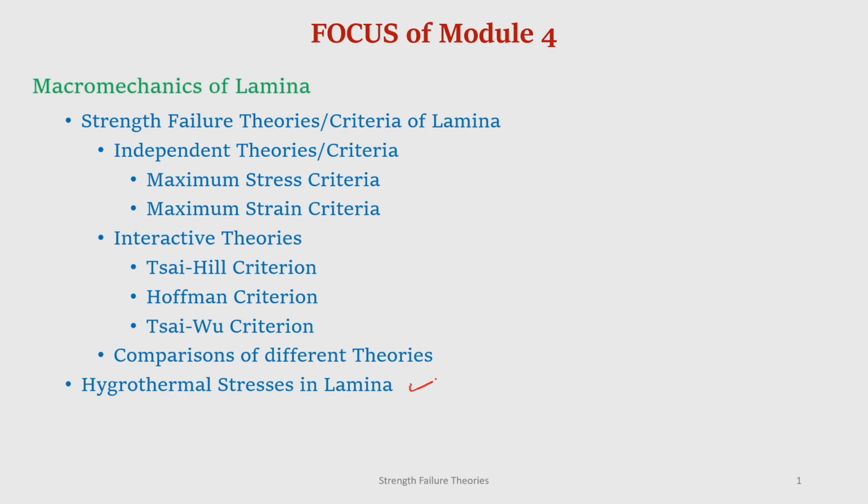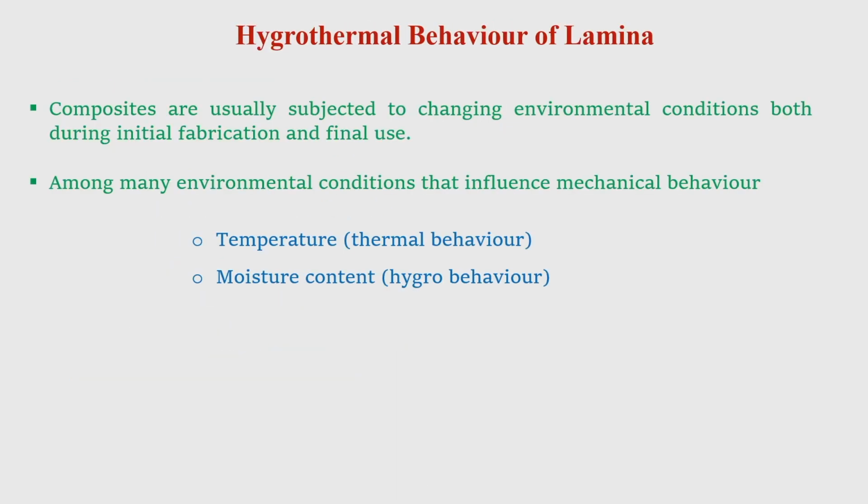Now, why hygrothermal stresses? In all our discussions till now, we have assumed that the lamina does not have any environmental changes. There is no change in the environmental conditions in the lamina, but actually the composites are subjected to changing environment conditions both during initial fabrication and final use.